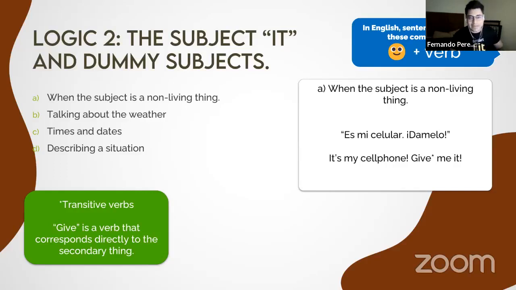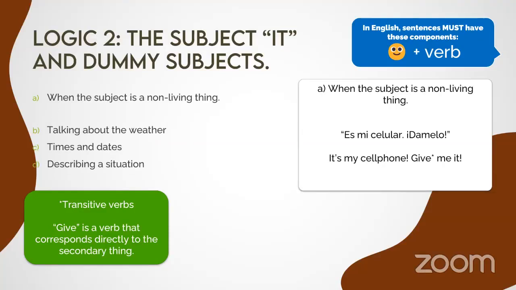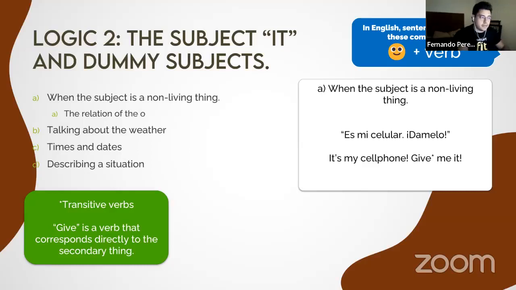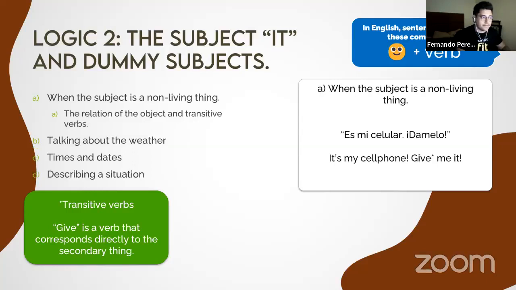This is another difference between Spanish and English: the relation of the object and transitive verbs. Like, for example, take, give, bring.